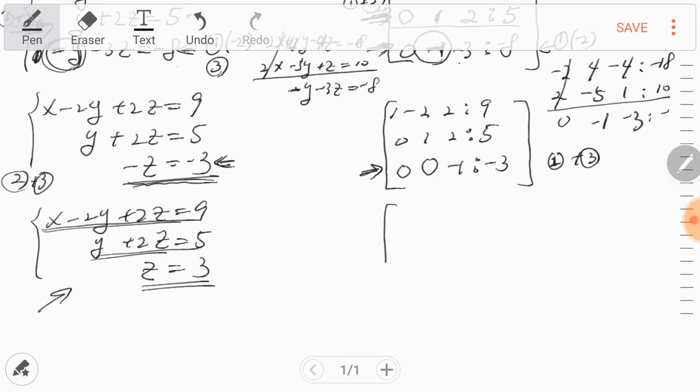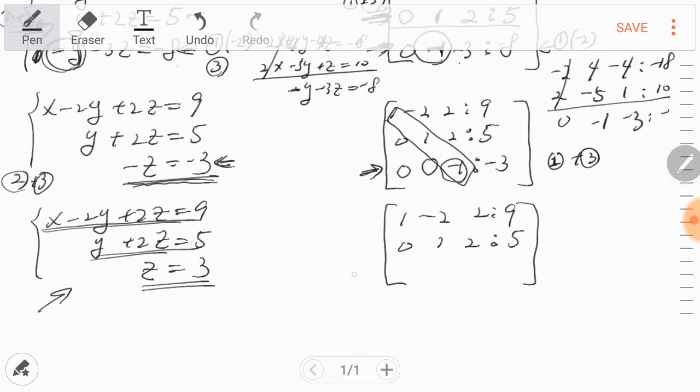Okay, how about the matrix? The first equation is unchanged, the second row stays the same. And for the third row, I want to make this one 1 because the diagonal is starting with all ones.